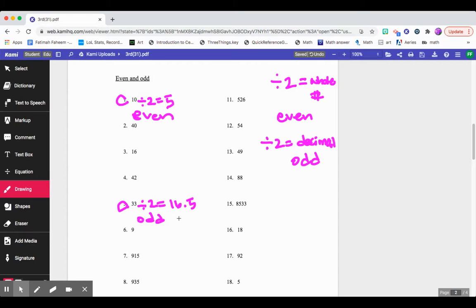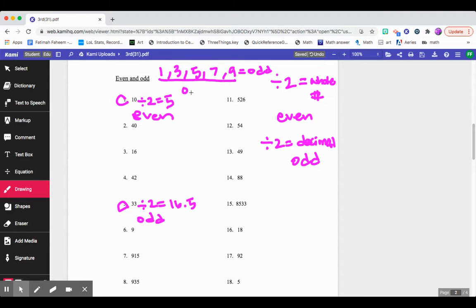Or if it's hard for some of the students, then you can memorize it as 1, 3, 5, 7, 9. If the number ends with one of these numbers, it's gonna be an odd number.